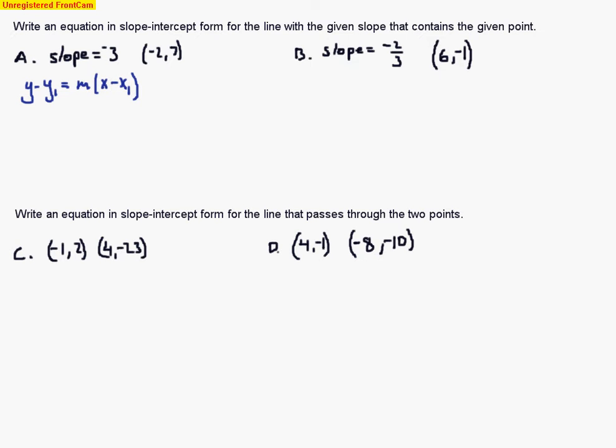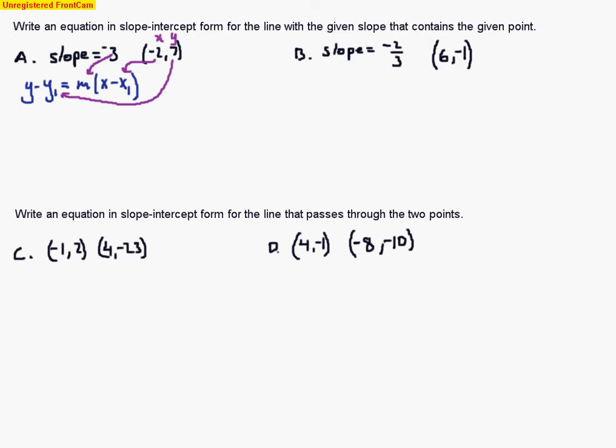So we're going to take our slope, which is negative 3, and put that in place of m. We're going to take the x value, negative 2, and that goes in place of x1. Take the y value, 7, and that goes all the way back here in place of y1.